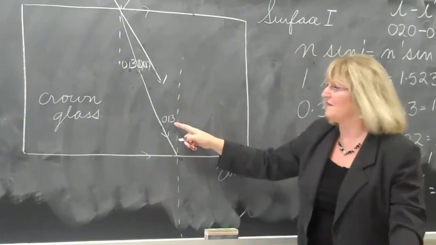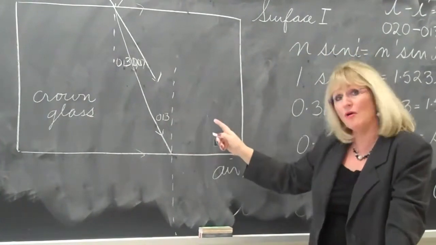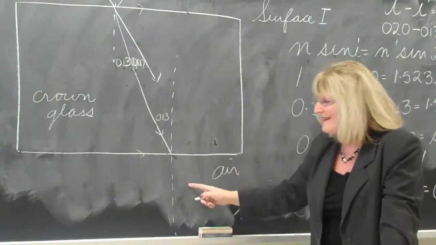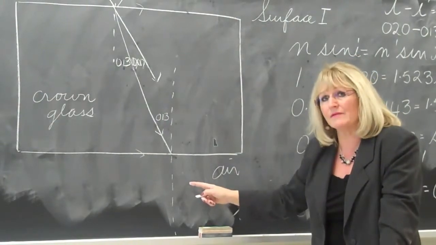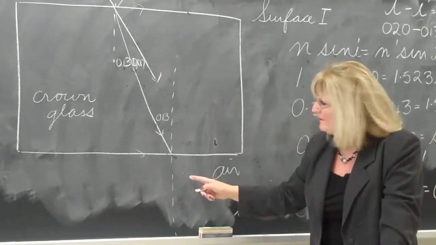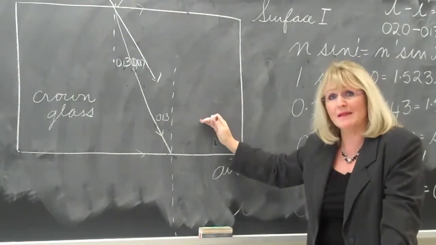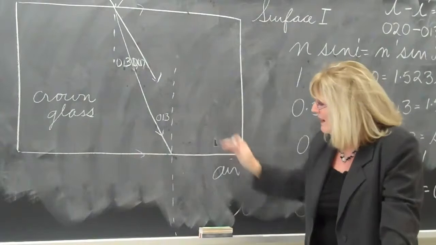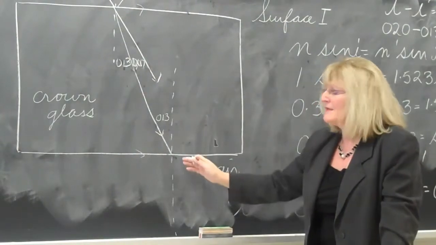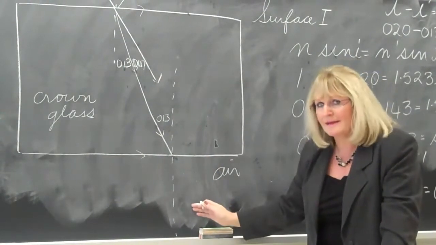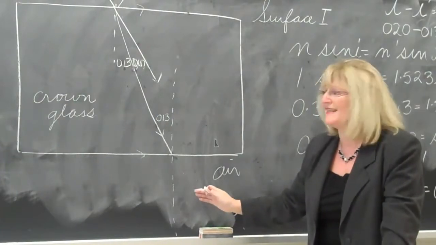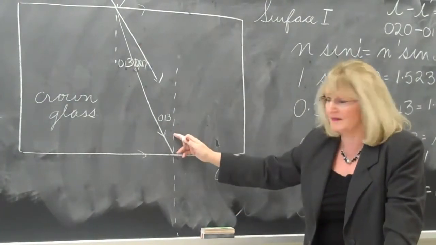So as I know this is the angle of incidence, and I know that I'm inside crown glass, I now have to calculate the angle of refraction, or the angle of emergence at the second surface. And because I'm going this time from crown glass, which is 1.523, into air, obviously this time the refracted angle at this surface is going to be greater than the angle of incidence.